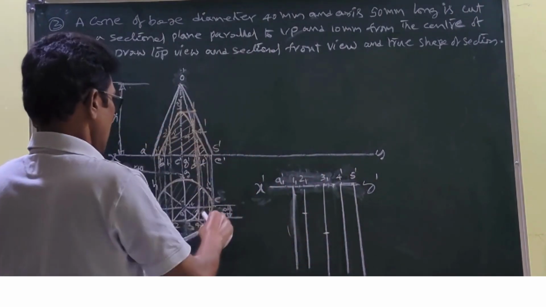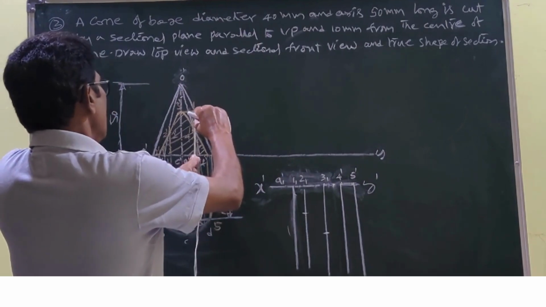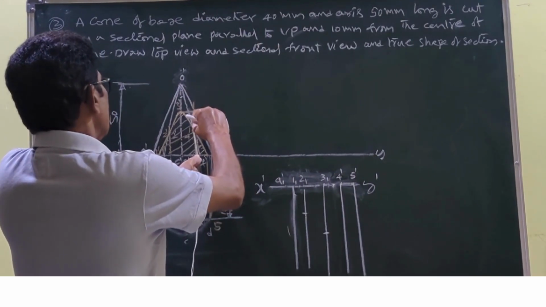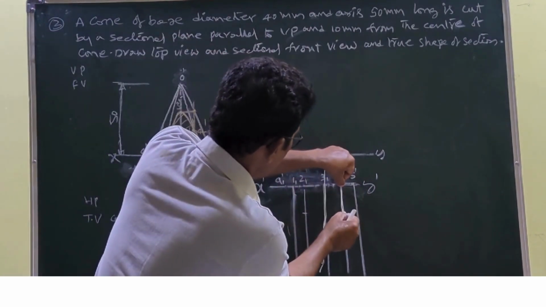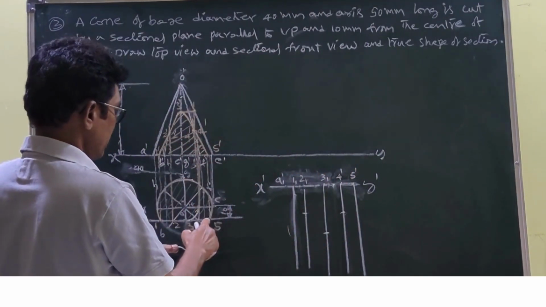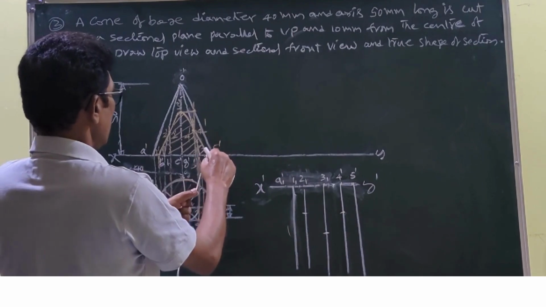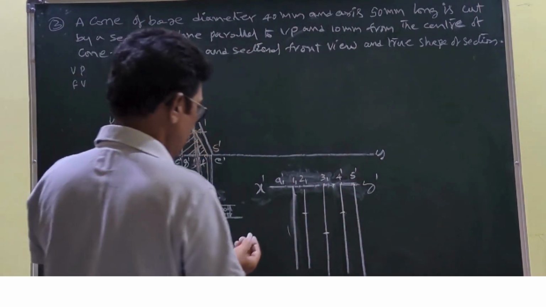Next, passing through 4 projector, this is the radius, 4 1 as a center, you cut it. Next, the projector passing through 5 is on the xy line, so this is the same. Then you can join these points.